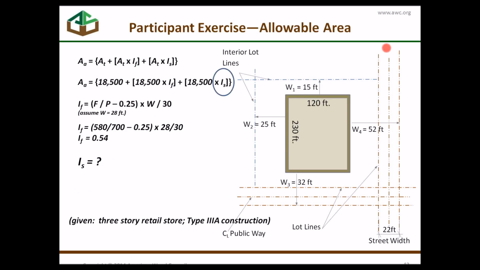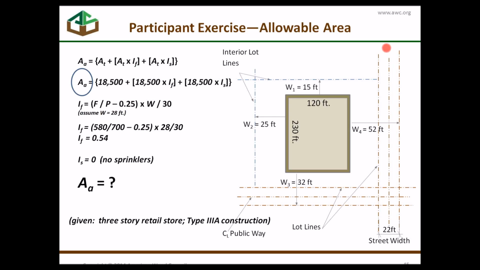All right, what's your I sub S in this case? You remember? Given in this example was, do we have sprinklers? No, no sprinklers. So I sub S equals 0. Right, no sprinklers. There's no increase for sprinklers in this case.